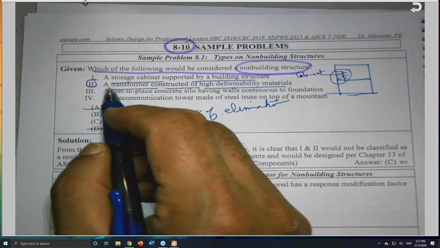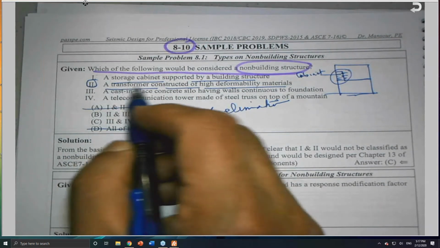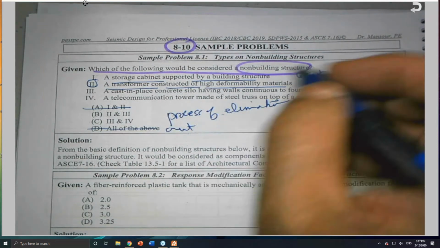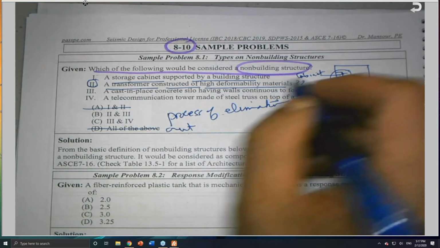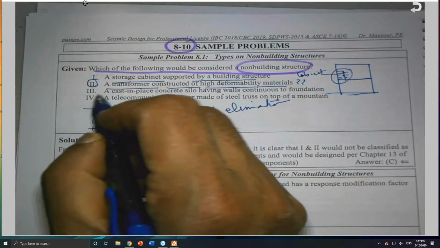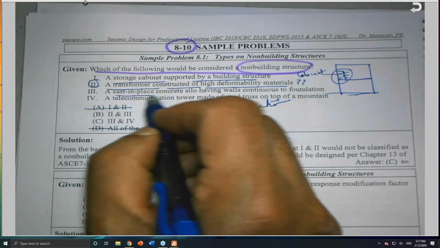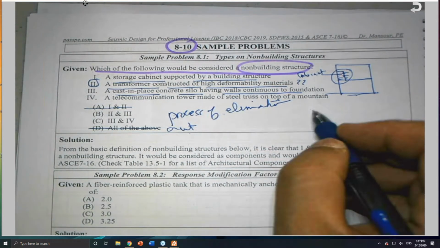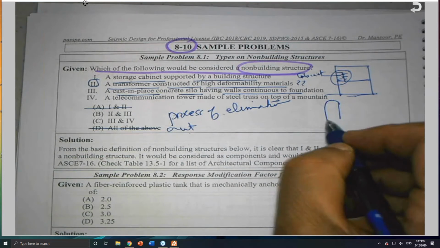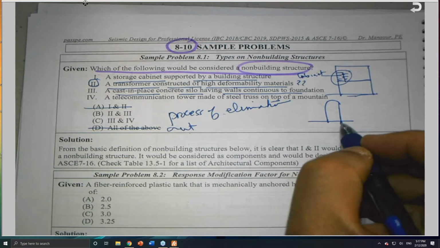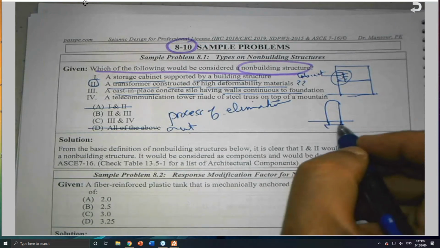So number 2, oh my God, it's a transformer constructed of high deformability materials. I never heard this term. I will skip it, but I will show it to you in just a minute. Okay, the third one, a cast in place concrete silo having wall continuous to the foundation. Do you see the silos on the freeway carrying grains and storage? And the foundation goes all the way up to here.